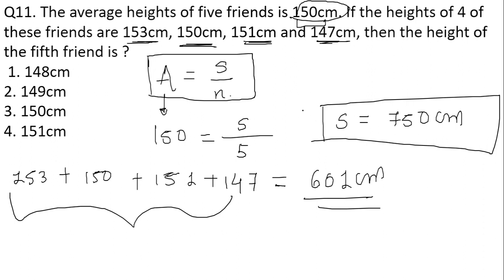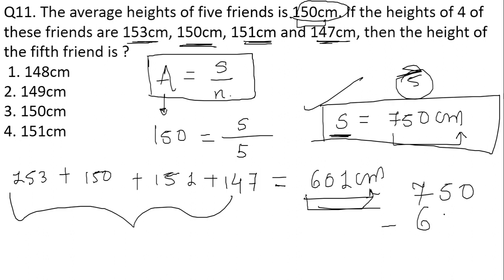The summation of the height of all 5 friends minus the summation of height of all 4 friends will give me the 5th one, that is 750 minus 601 will give me the height of the 5th friend, that is 149 centimeter. Got it? In this way I have solved the question.